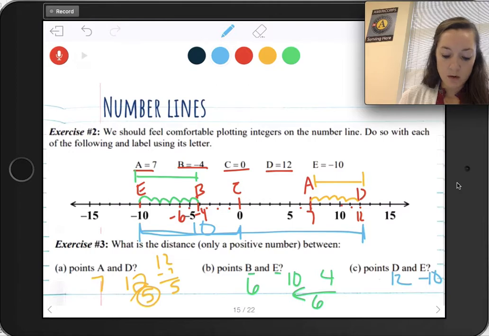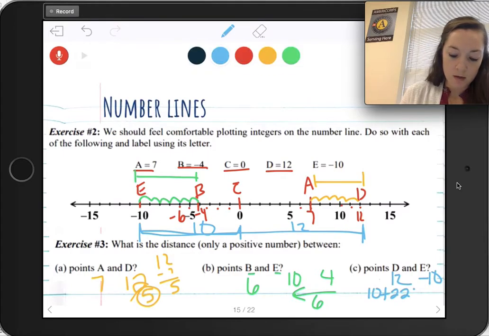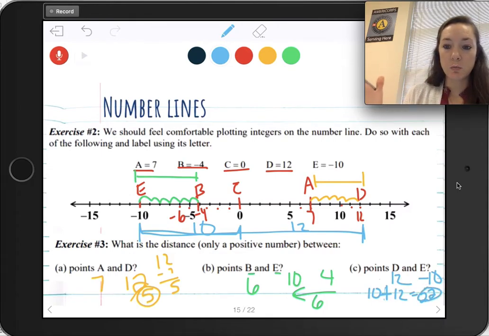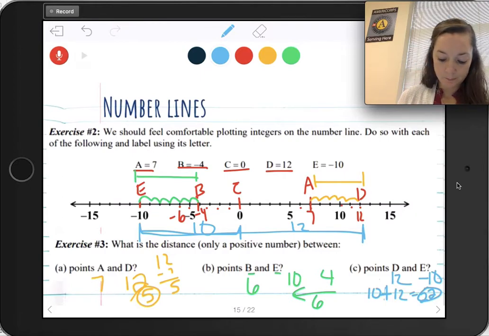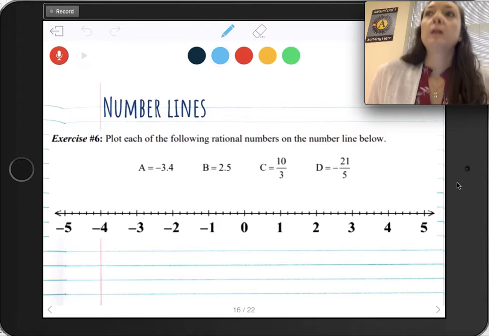And then from 0 to 12, well, that's 12. How many total units am I now? So I've got 10 and I've got 12. That gives us 22. So I am 22 units distance between D and E. Okay?